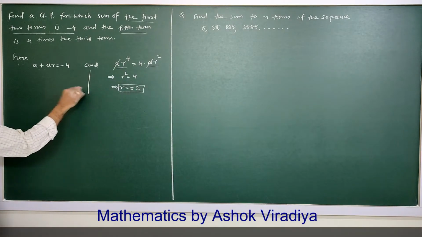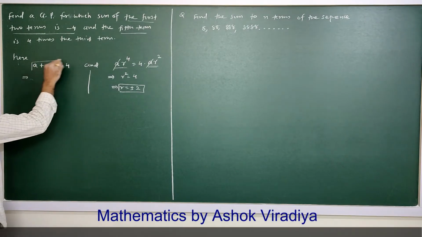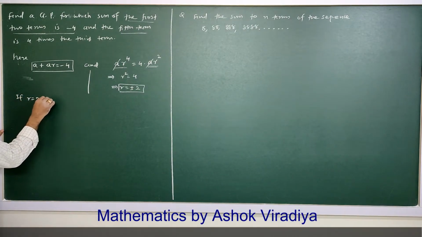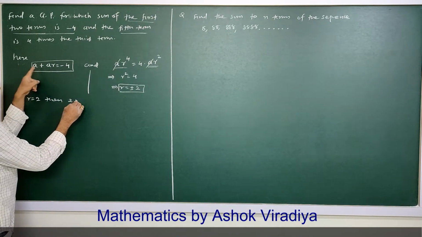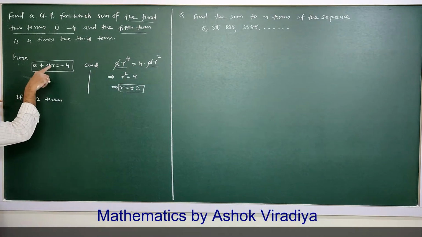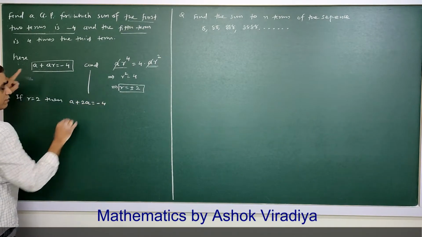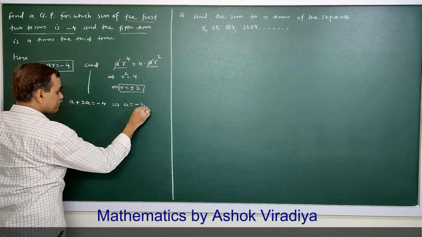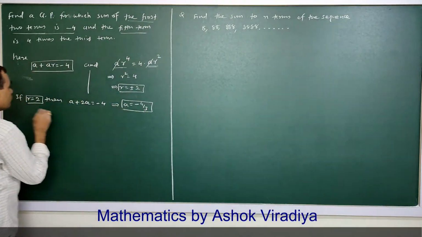Here, A plus AR is minus 4. So in this equation, now we are putting the values of R one by one. If R is 2, then putting 2 here, A plus 2A is minus 4. So A is minus 4 by 3. So when R is 2, A is minus 4 by 3.